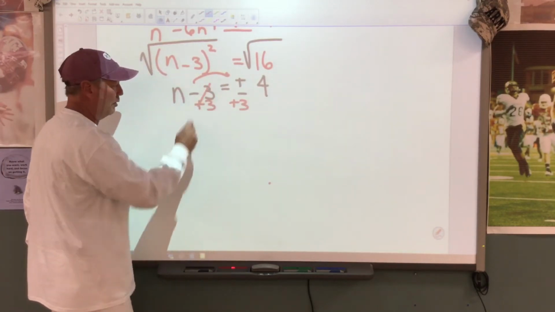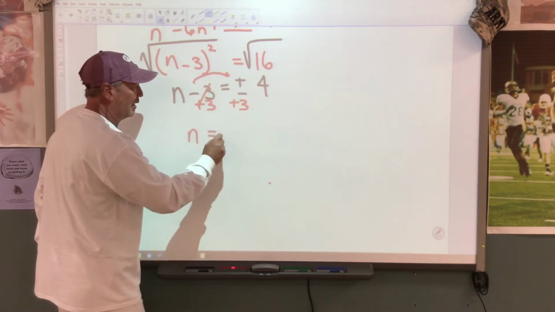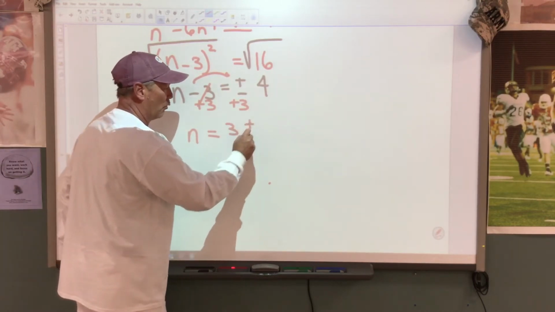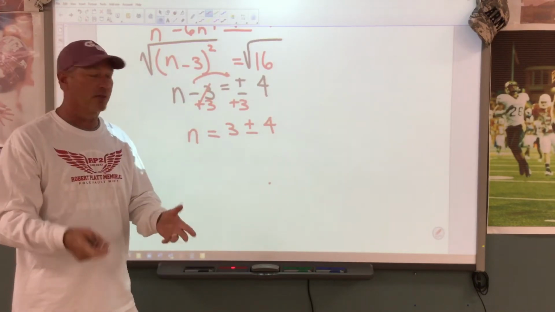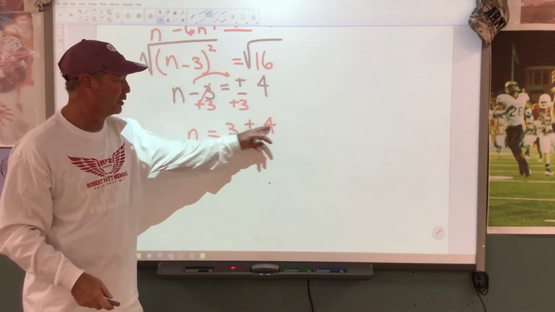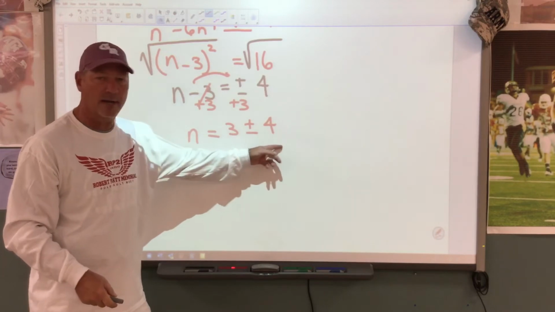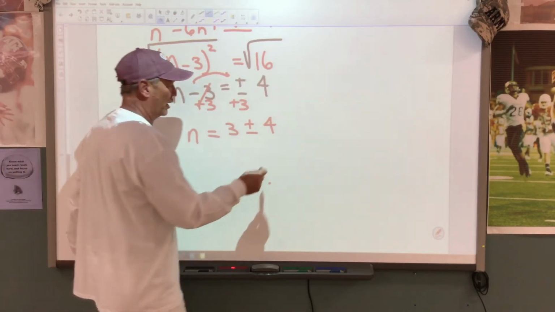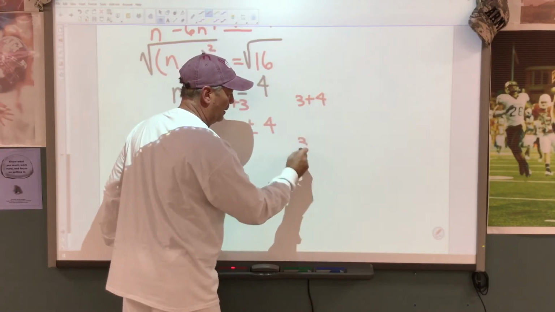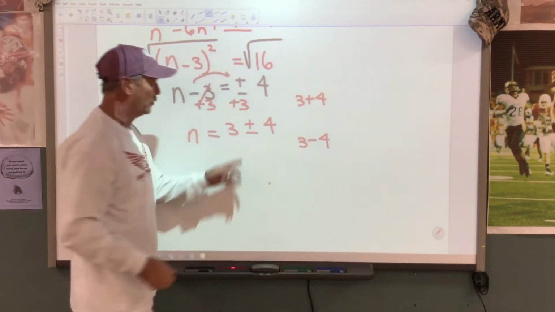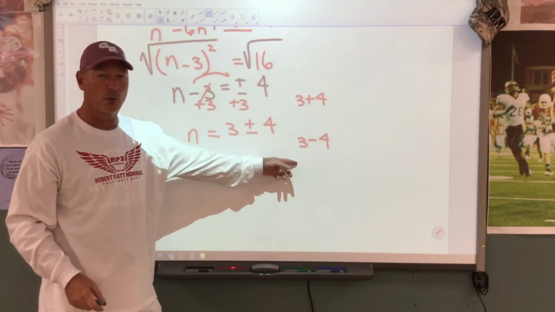This will cancel, and I will get n equals 3 plus or minus 4. Now we have to do the math. We have to work this as a +4 and as a -4. So we're going to go 3 plus 4, 3 minus 4. That's what that means.